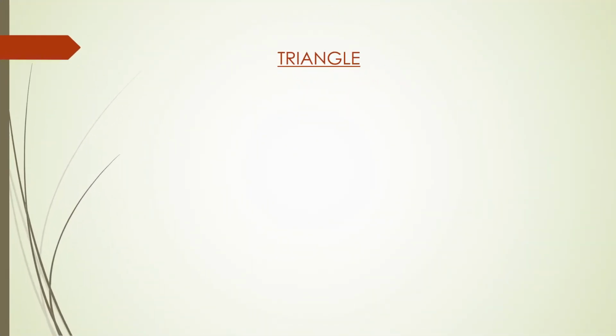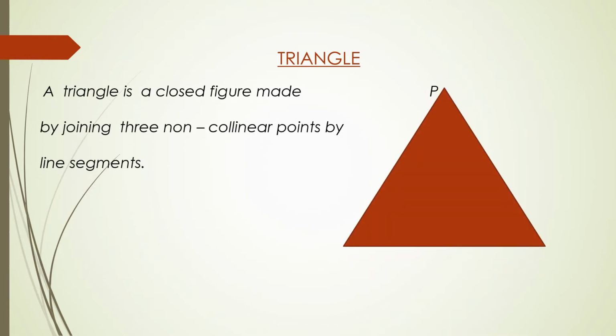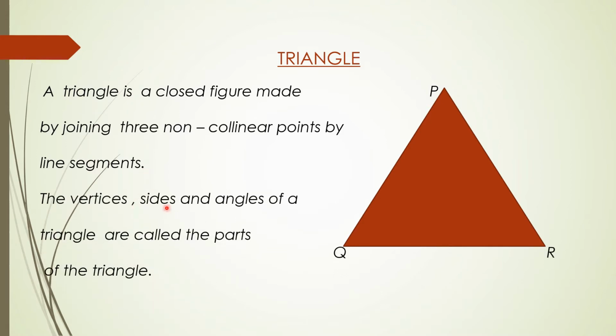Children, let's learn triangle. What is a triangle? A triangle is a closed figure made by joining three non-collinear points by line segments. The vertices, sides and angles of a triangle are called the parts of the triangle.